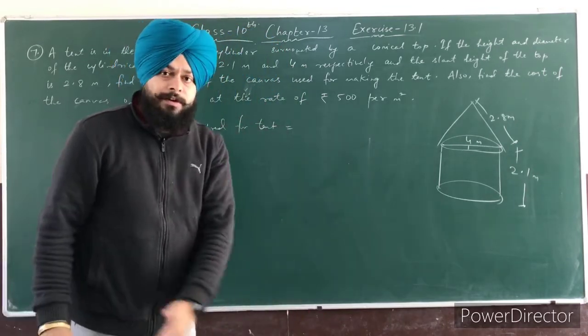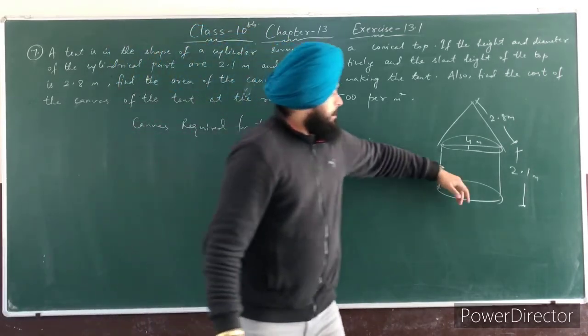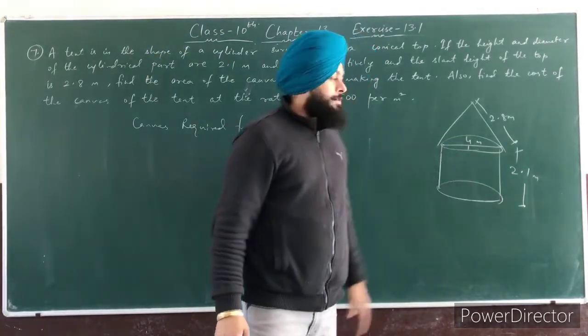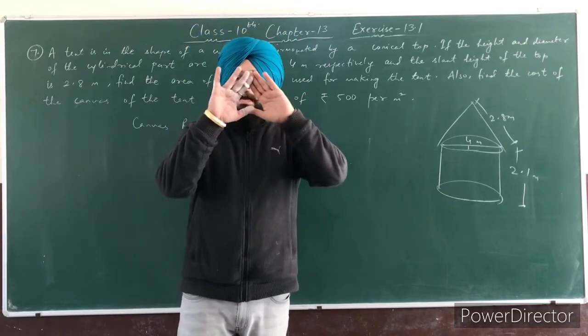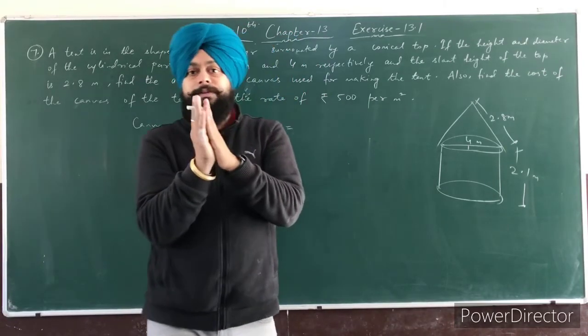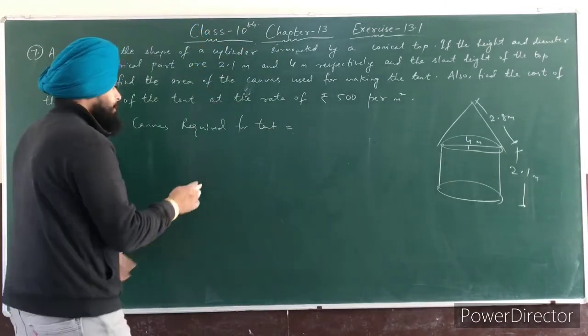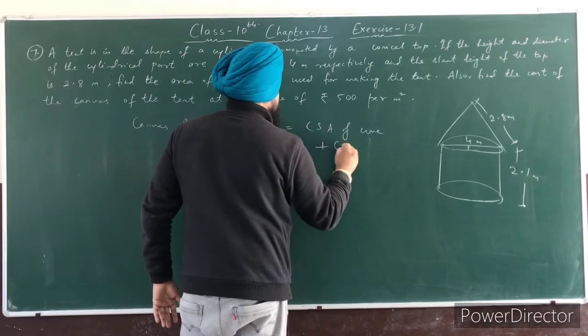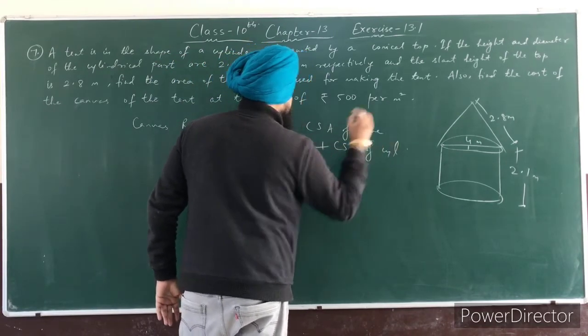The canvas is not required in the base of this cylindrical part, or you can say in the base of this tent. So we add the curved surface area of the conical part and the cylindrical part only.